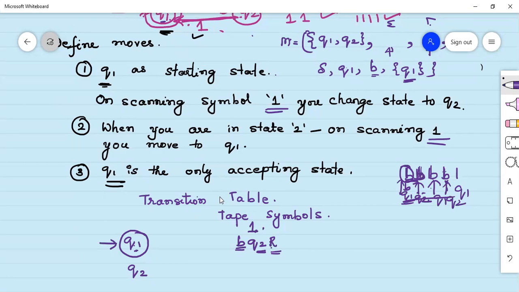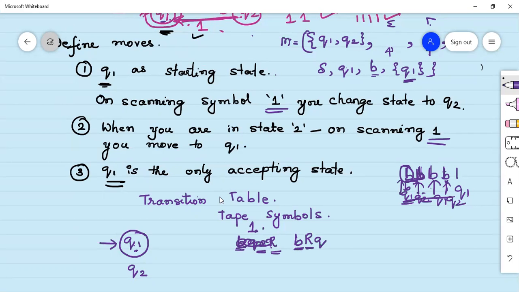You can also write it as BRQ2. In your textbook, in some places he has used the first notation and in some places the second notation. So we'll stick to one notation. We'll use this BRQ.